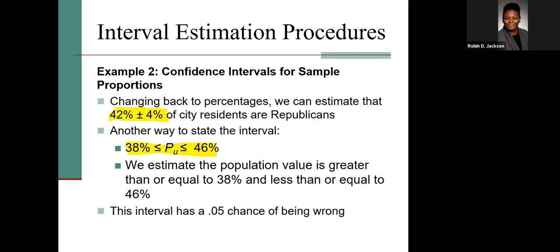I knew something sounded really strange. So we estimate the population value is greater than or equal to 38% and less than or equal to 46%. Okay. So that's essentially what it comes down to when we look at proportions, and then turning them back into a percentage.